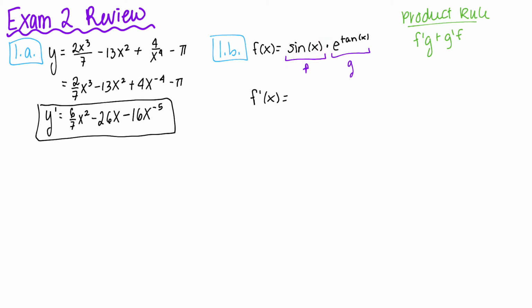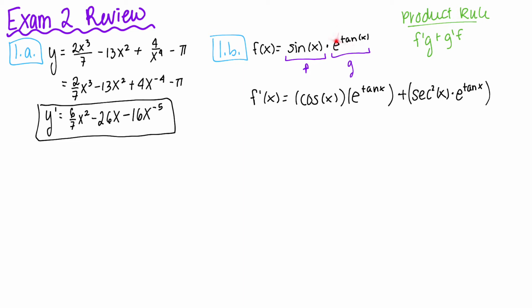So f prime, the derivative of sine, is going to be cosine x. And then g you'll leave alone. Plus the derivative of g. So the derivative of g is going to be the derivative of the exponent, and the derivative of the exponent is secant squared, times e raised to whatever it was raised to.